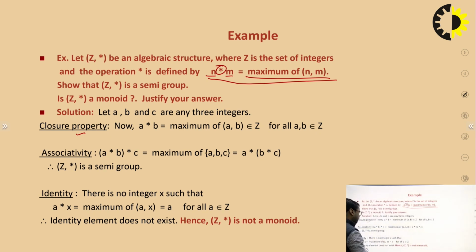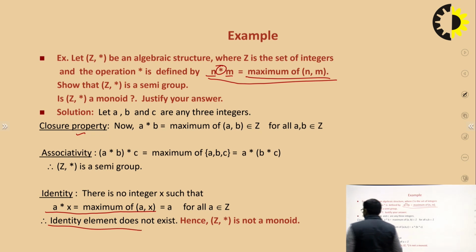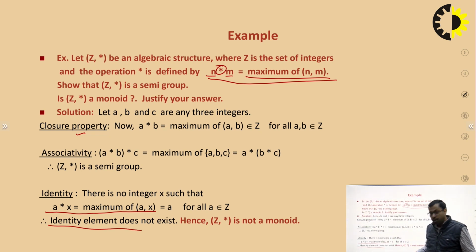In the case of the identity element, there is no integer x such that a * x equals the maximum of a and x. That means we cannot calculate the identity element in such a scenario, because we consider only two terms and calculate the maximum of them, so more than one identity element could be counted.